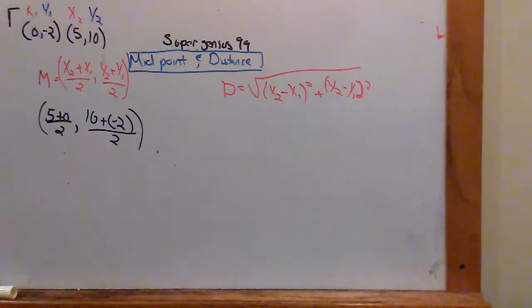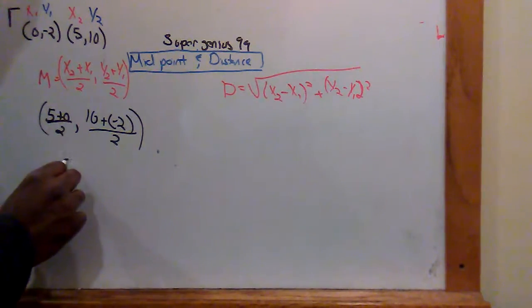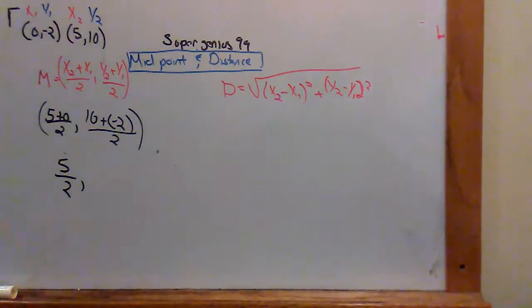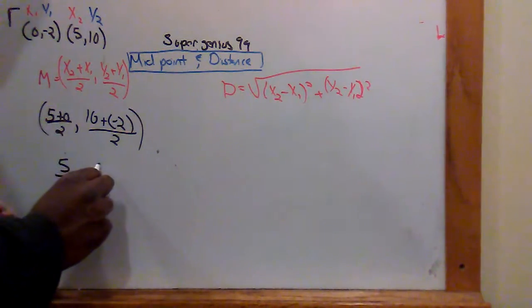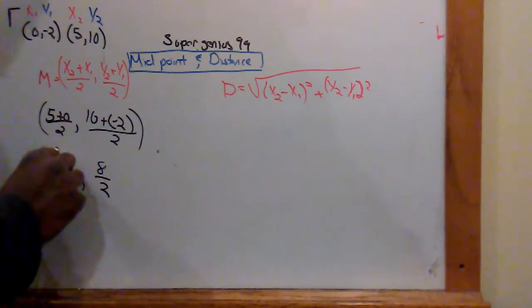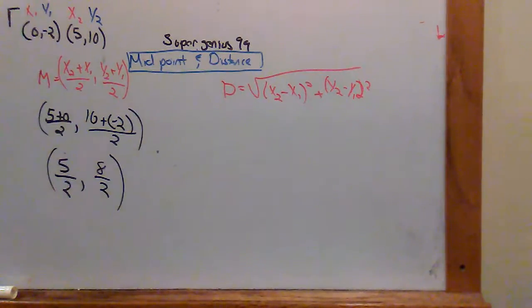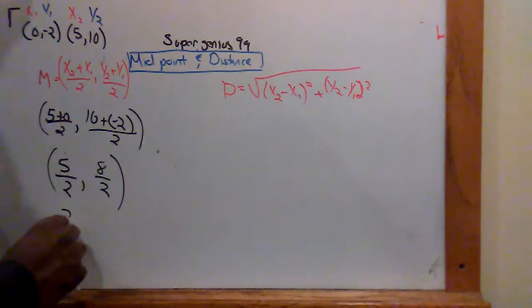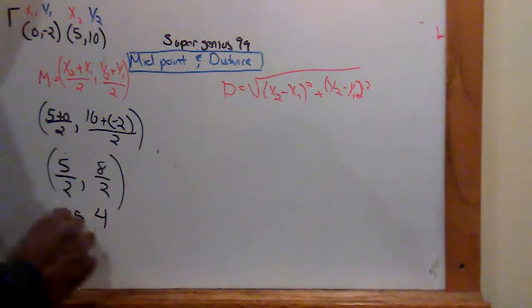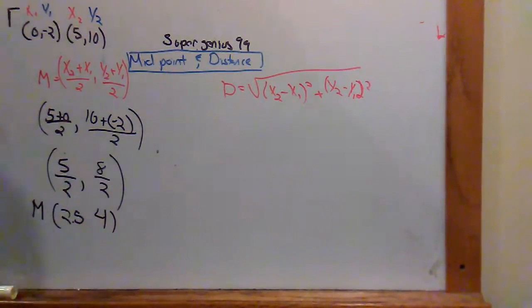Okay, so 5 plus 0 divided by 2, so 5 plus 0 is really just 5, right? And divide that by 2. And then 10 plus -2. And 5 divided by 2, if you wanted to do it out, it's once again 2.5, and then 8 divided by 2. Okay, so that's the midpoint.